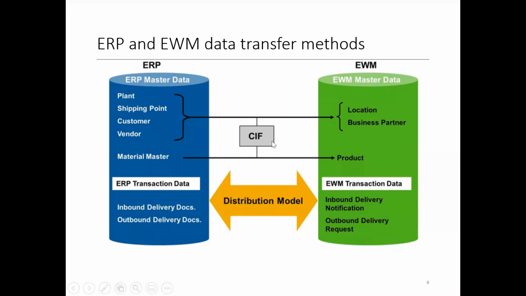We don't need to maintain the separate business partner in the EWM. Okay, you mean to say once we create a business partner in ERP, it automatically displays in EWM? Yeah, that will be used in the EWM because there is just one business partner.